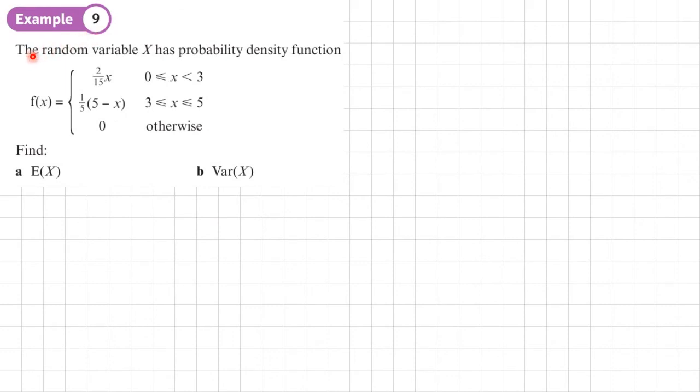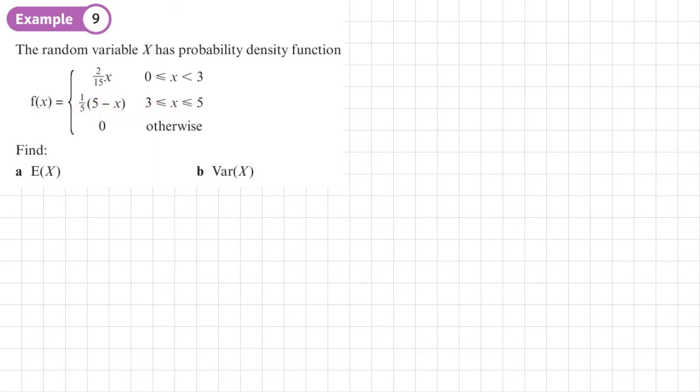Example 9. The random variable x has a probability density function, this, and we want to find E of x and var of x. You'll notice that there are different rules depending on the value of x. There's one rule for x between 0 and 3, which is 2 over 15 x, and then for x between 3 and 5, we've got 1/5 (5 minus x).